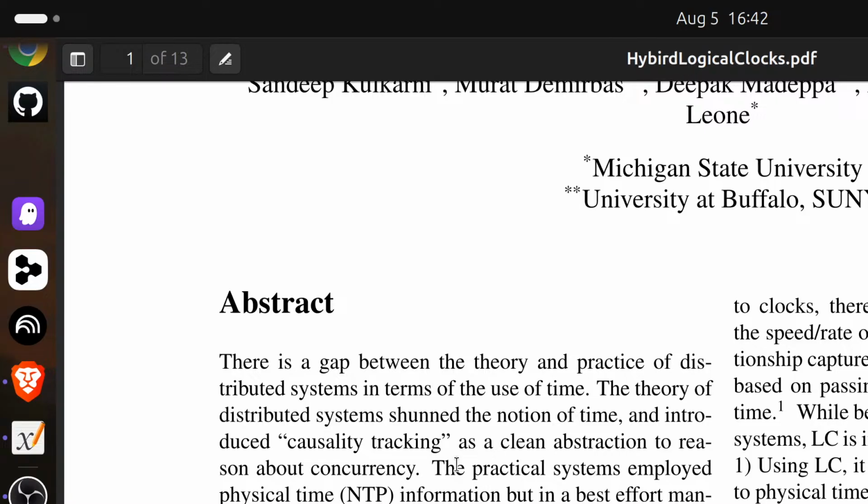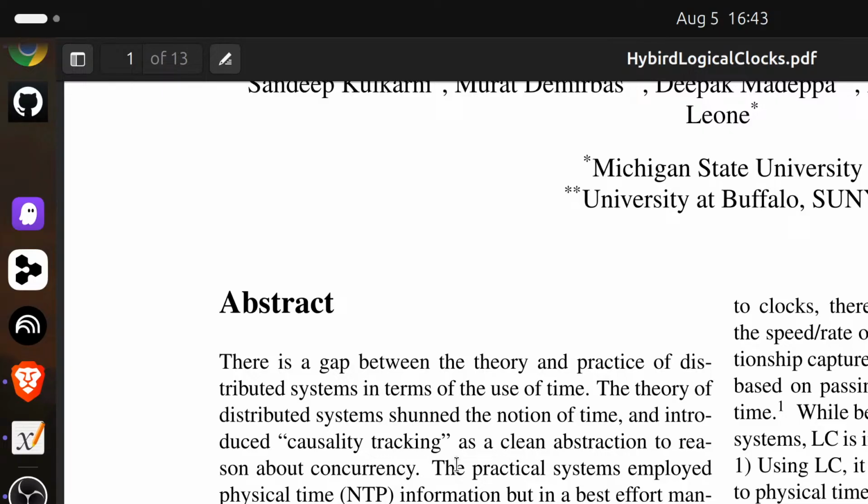Okay, the practical systems employed physical time, NTP information, but in a best effort manner due to the difficulty in achieving tight clock synchronization.